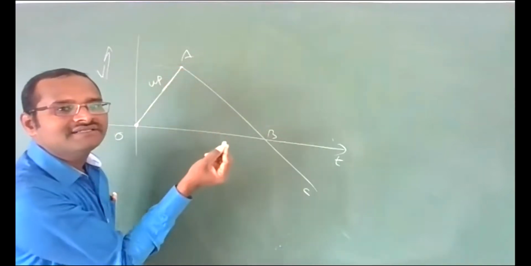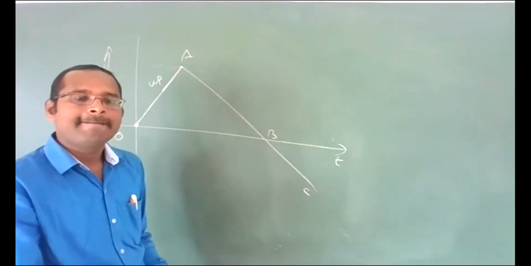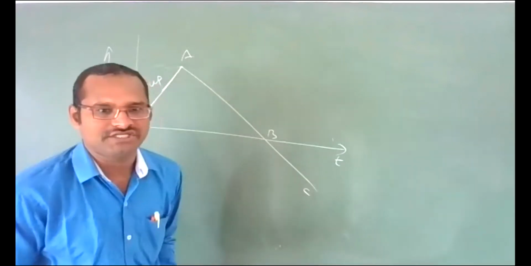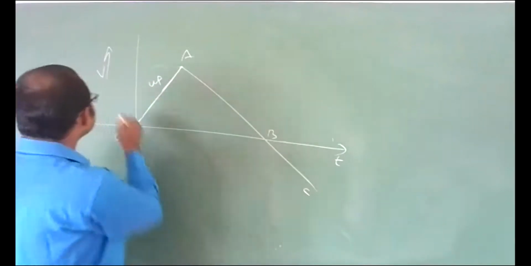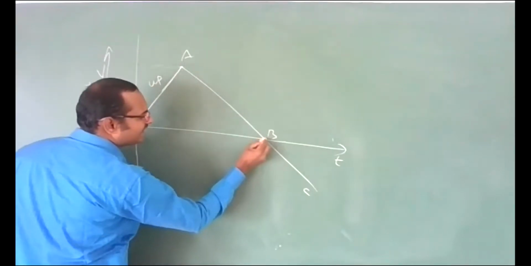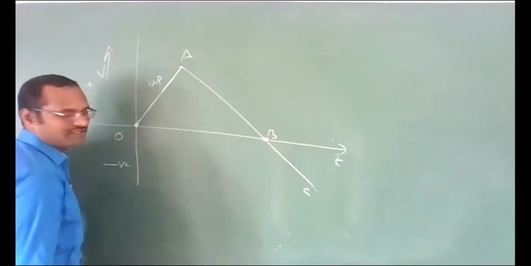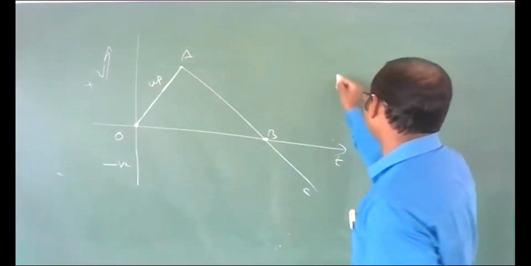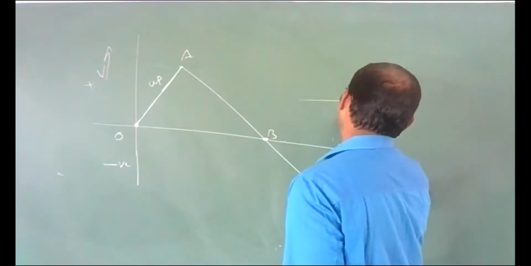Then thereafter, velocity is decreasing, but its direction has not changed. Velocity, this is positive, this is negative. Here only the direction of the rocket will change, at point B. What I am saying is, this is the ground.